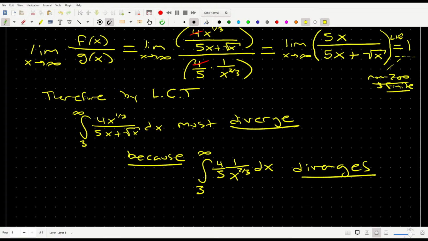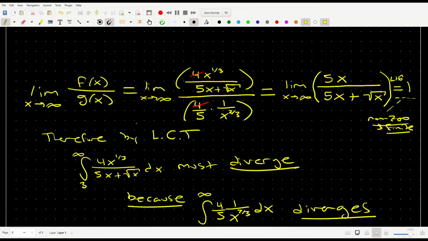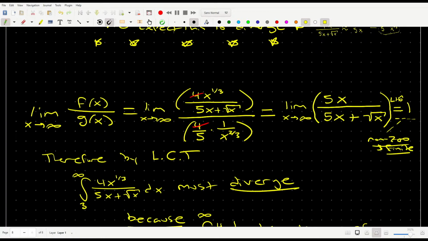I'm not going to go over the proof of this theorem, even though it is rather clever. Same thing with the direct comparison theorem. The main idea here is that if the limit of the ratio of the two functions is equal to a constant value, what this is saying is that as x gets very large, the growth of the two functions is very, very similar to one another.